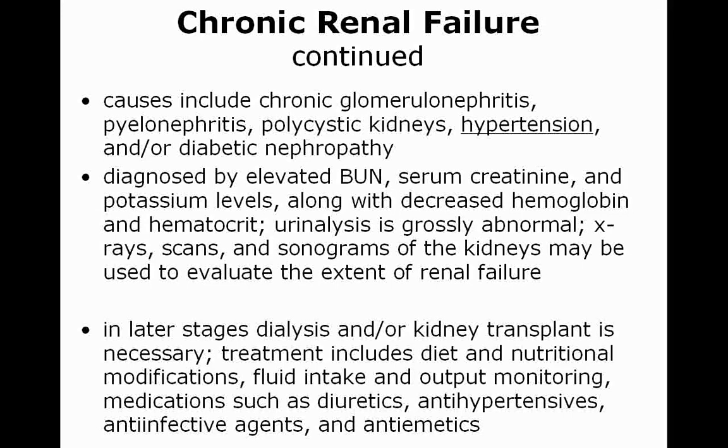In later stages, the person's going to have dialysis, and maybe even kidney transplant will be necessary. They'll need antihypertensive drugs because chronic renal failure and hypertension just go hand in hand. Antiemetics because of the gastrointestinal effects of the condition.